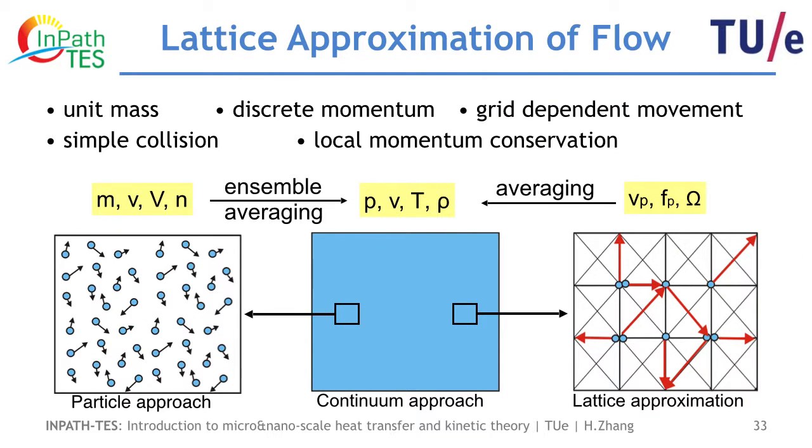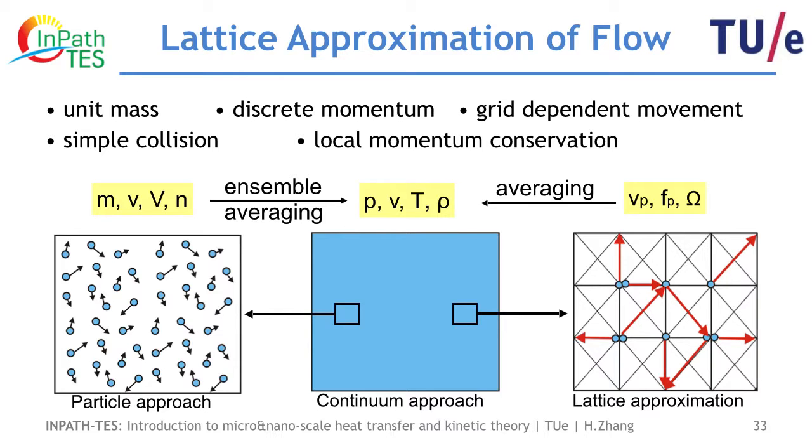Besides the DSMC method, there is another way to approximate flows, that is the lattice approximation of flows. In the previously introduced particle-based approaches such as MD or DSMC, the particles can move continuously in a 3D space. And using statistical mechanics, the properties of particles can be sampled and ensemble averaged to get the mean property.